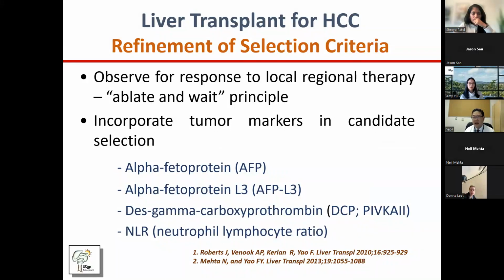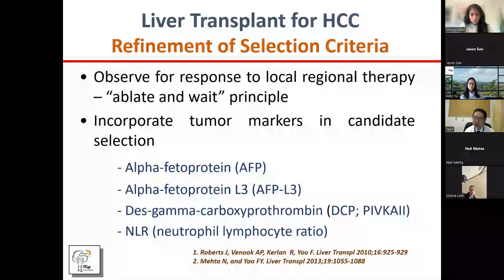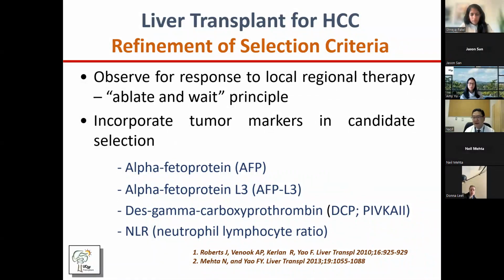We advocate this ablate and wait principle, which means that we wait to observe response to local regional therapy and then try to observe biology of the tumor. And that, in combination with tumor markers, are really the main driver for refining our selection of candidates for liver transplantation. These biomarkers include AFP, AFP-L3, DCP, and also the inflammatory biomarker, neutrophil lymphocyte ratio. We'll go over these in a few minutes.